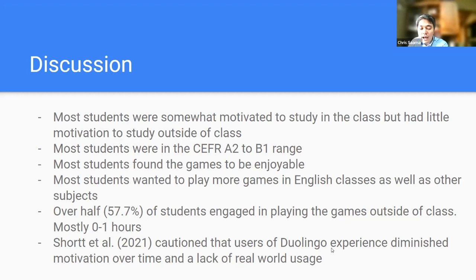I think they were a little bit higher level students, but they were using Duolingo for the whole semester or for quite a long time. But the students started to feel less motivation over time, and they started to feel like it wasn't practical in their real world usage. So he cautioned that the motivation could go down if you keep playing the same games or spend a long time playing these games.